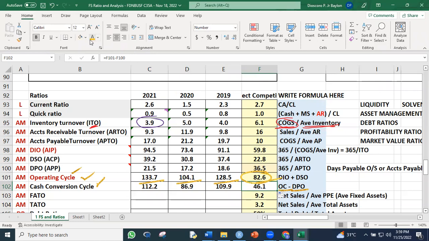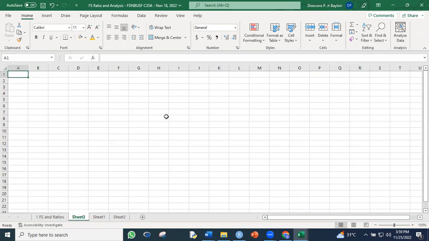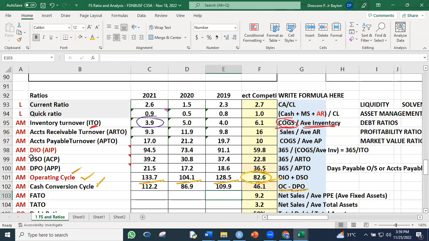Minus your DPO. Okay, so yung competitor natin 46 days. Tayo 112. Okay, let me illustrate what this means very quickly. All right. So, ano yung operating cycle natin? Our operating cycle is 134 days. Ano yung days payable outstanding natin? Class, what's our days payable outstanding? DPO is 21, okay?